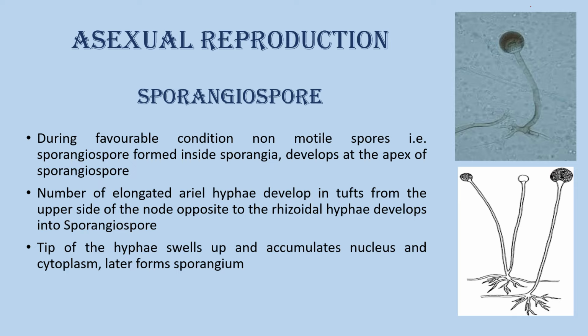So the asexual reproduction reproduces by either the sporangiospore, chlamydospore, or oidiospore. The sporangiospore is the most common.